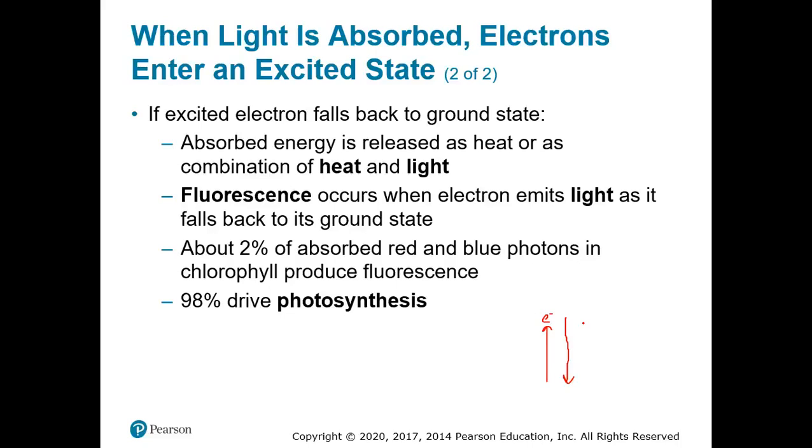So, oftentimes, whenever that electron gets excited, when it falls back down and releases light, we call that fluorescence. It'll glow. And typically about 2% of the photons that are absorbed produce some kind of fluorescence, and the other 98% is the energy we are going to use to drive photosynthesis.